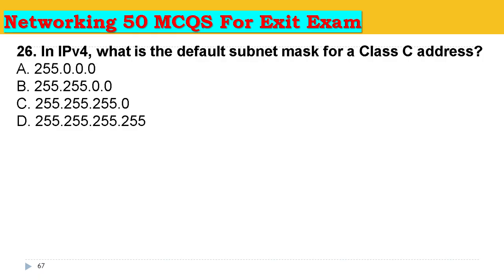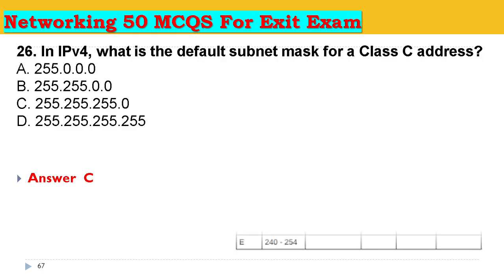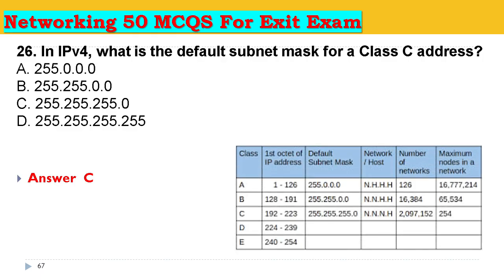So the subnet mask has the first three represented with 255. So C is the correct answer. As you know, in class C, the subnet mask is 255.255.255 for the network portion, and 0 is for the host portion.